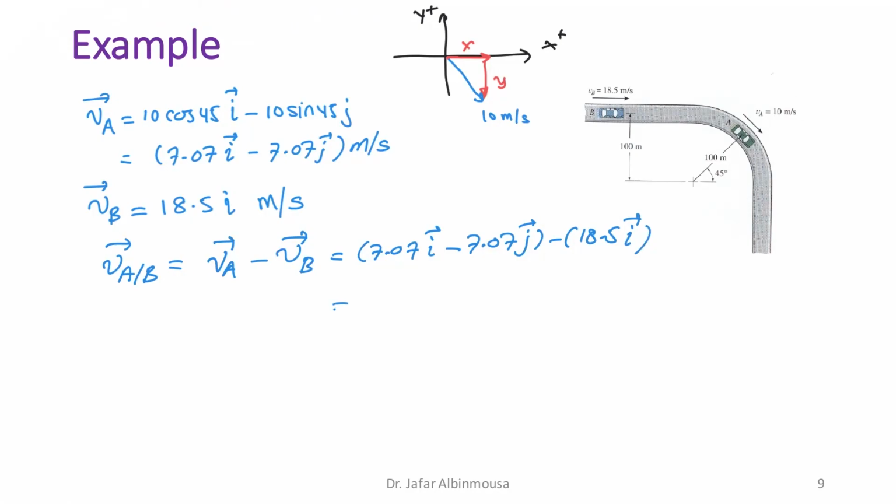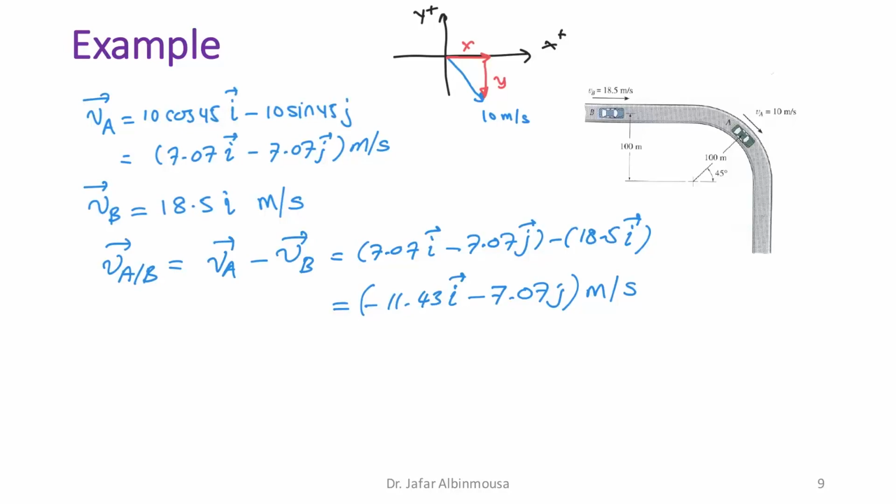And what are we going to get? We're going to get minus 11.43 i minus 7.07 j meters per second.